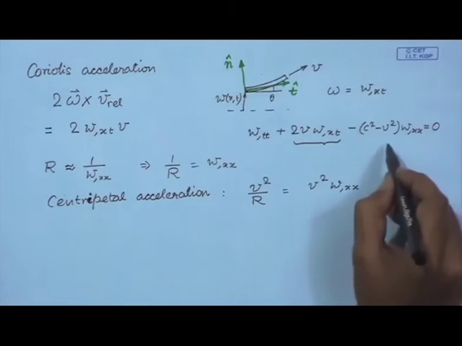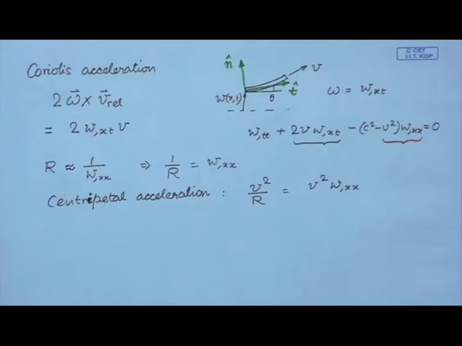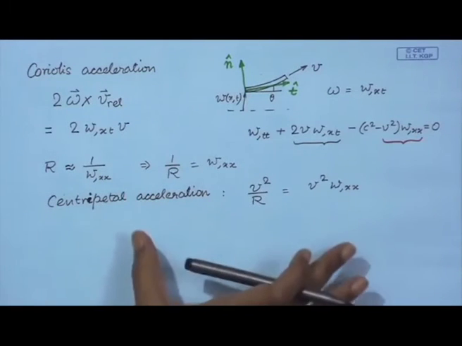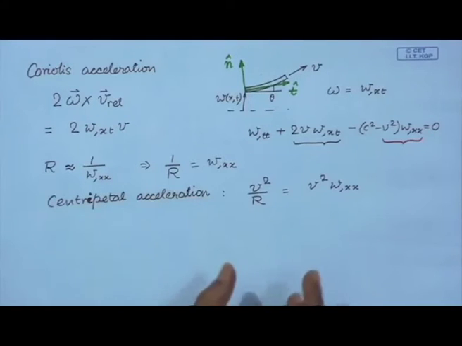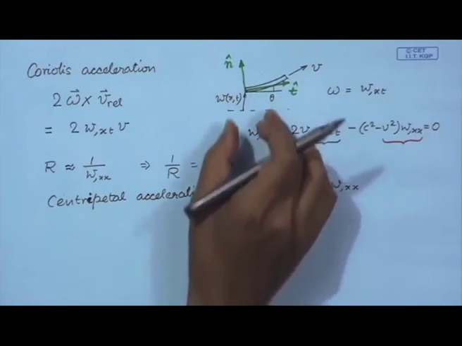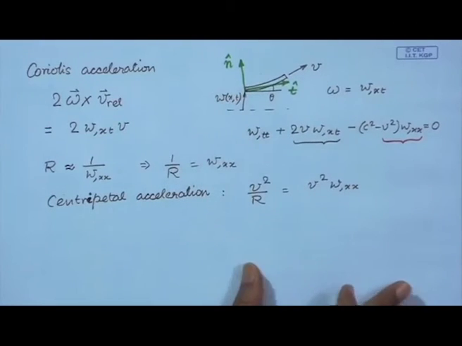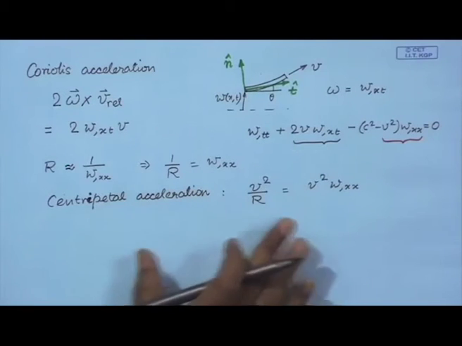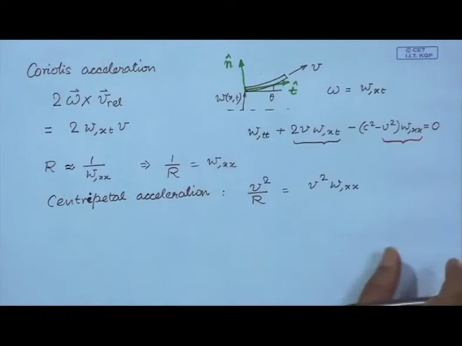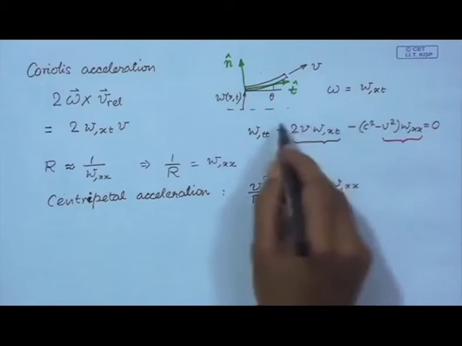So, these two terms we find in our equation of motion. So, when we look at the Newtonian approach, we have to consider these two terms, because we now have this element moving in a rotating frame. So, these two terms will naturally come. Rest of the Newtonian approach is same as that we have followed for the string. Now, look at this equation.